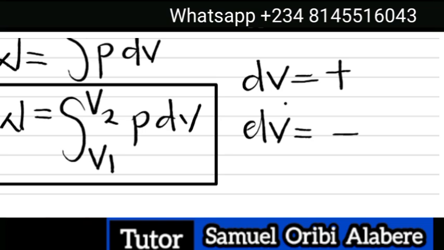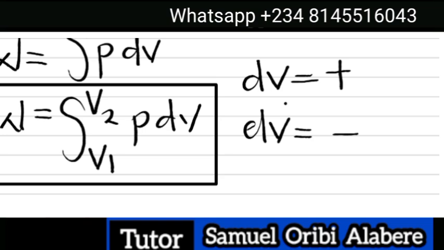In some questions, you can see dV represented by a plus sign, and also by a minus sign.